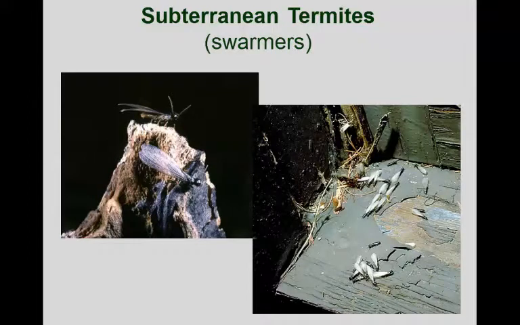Again, when a subterranean termite colony is large enough to undergo what I call the luxury of producing primary reproductives, those are going to be the swarmers. And here you can see, this is actually when I was at Penn State.